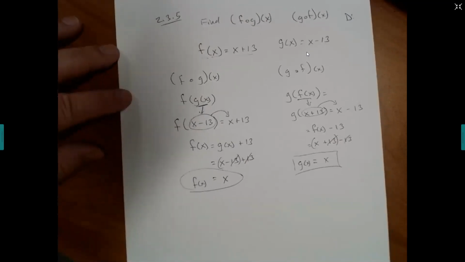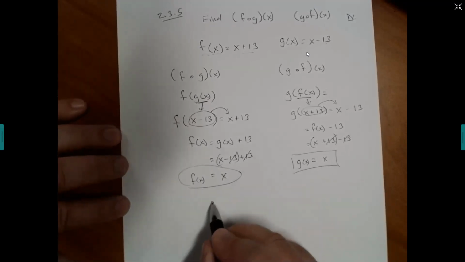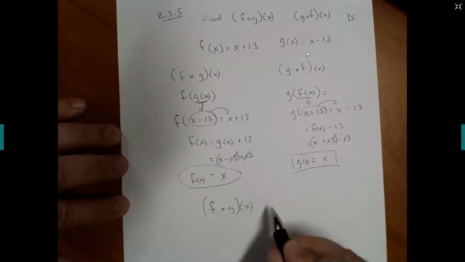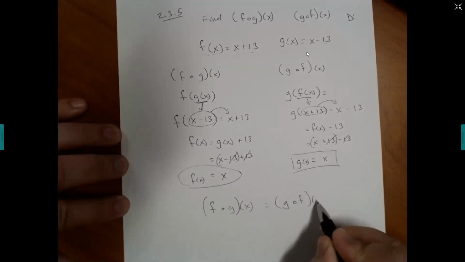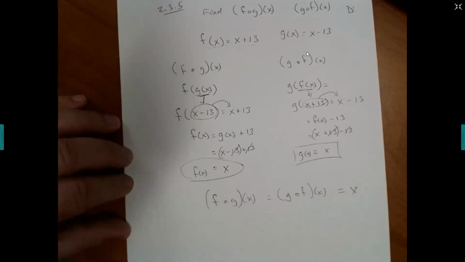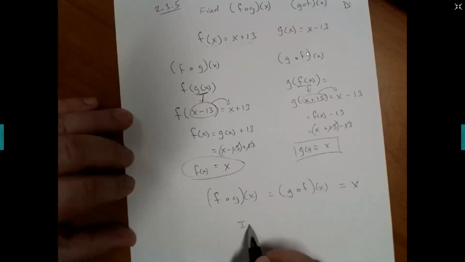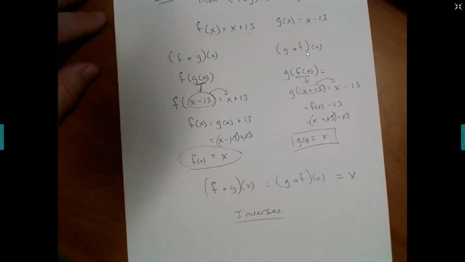Now, this question does more than just test our knowledge of f o g and g o f. What this says is, if f of g of x equals g of f of x, and they both equal x, then they are inverses of each other. That's the test.